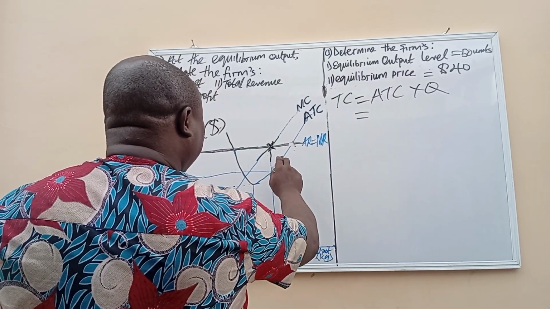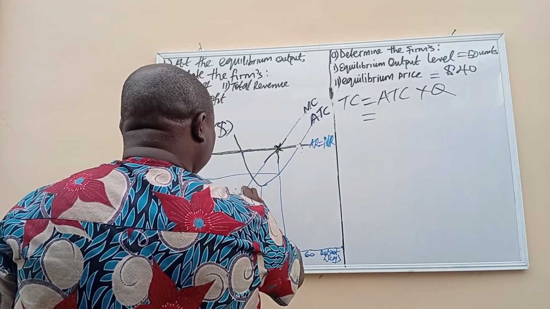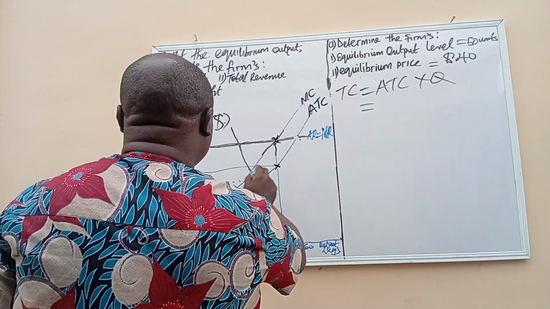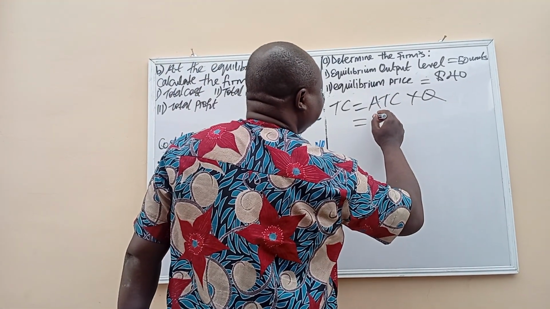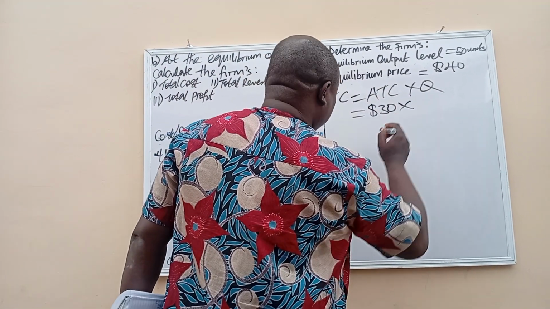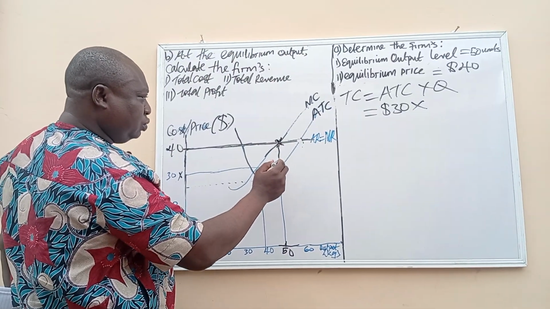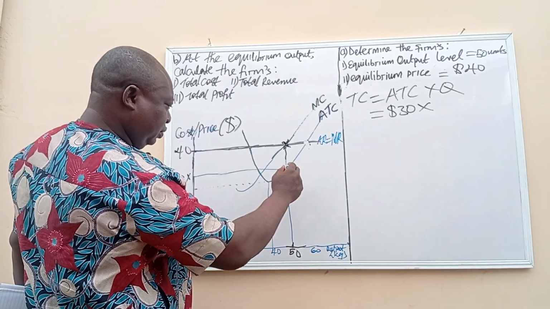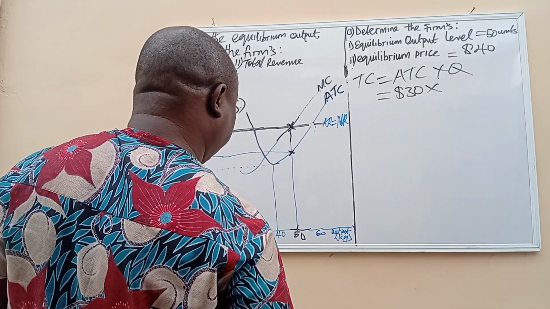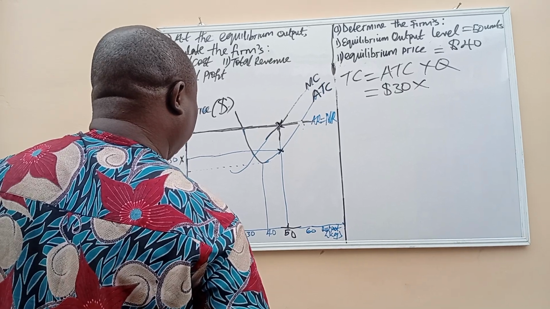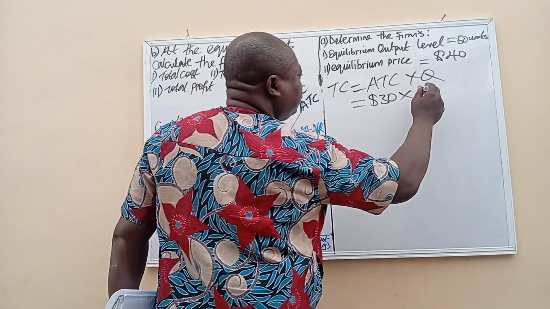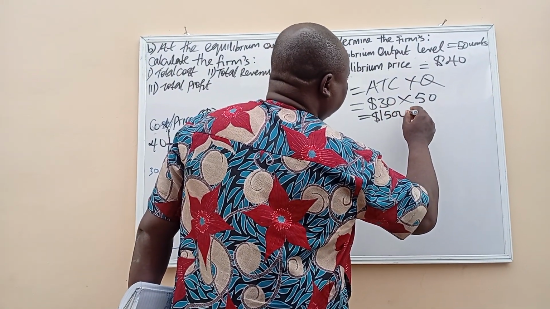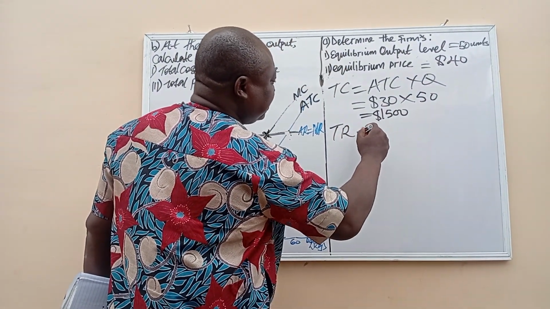Let's trace it down. When you trace it down, this is the point of intersection. So the cost is $30, and the output, you have to be careful here, this is the point of intersection, so the output is 50. So this will be $1,500.